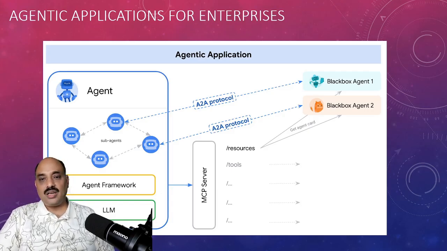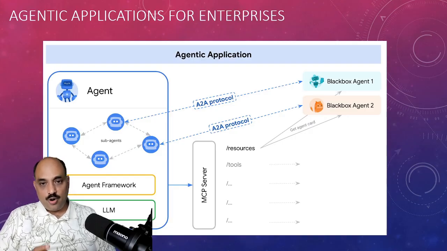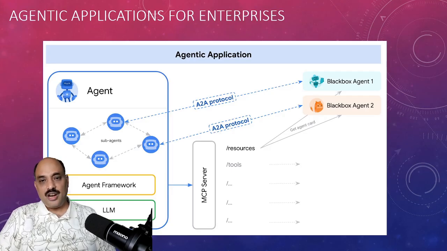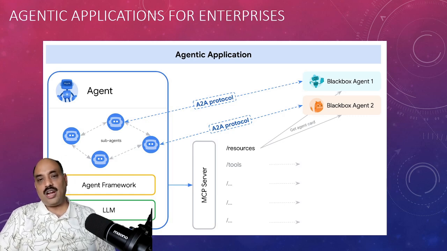So that is how you plan an agentic application. Sometimes, if you are a very large enterprise, okay, and you have kind of an agent marketplace, if you are defining A2A agents, it becomes very easy to navigate through your enterprise structure to figure out, identify, and transact with various agents.